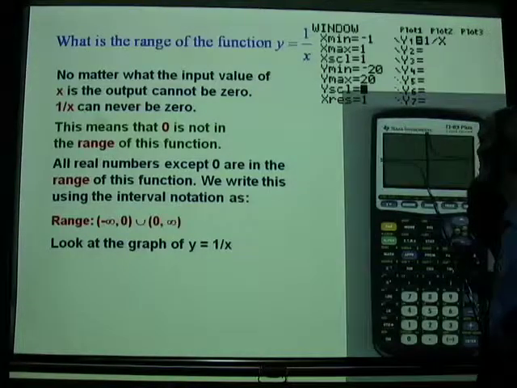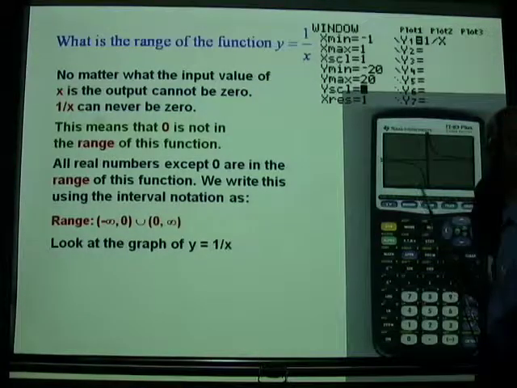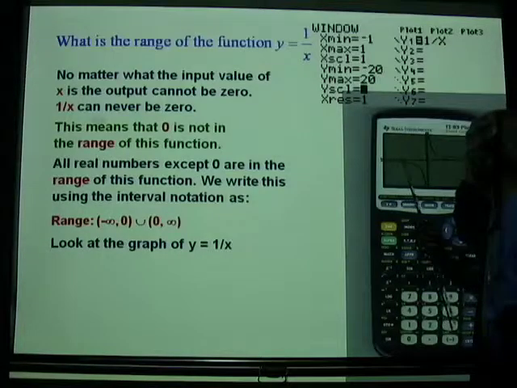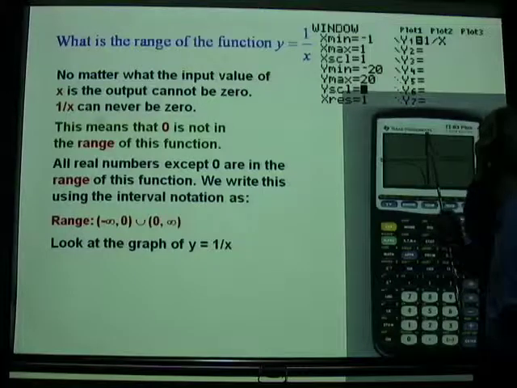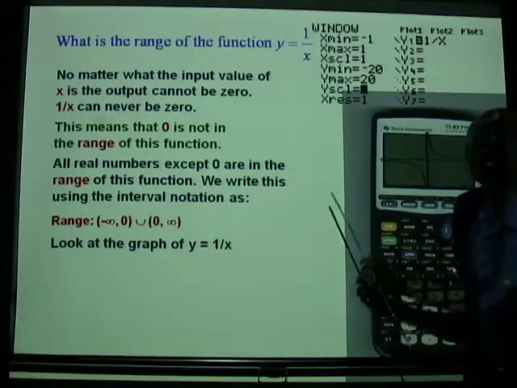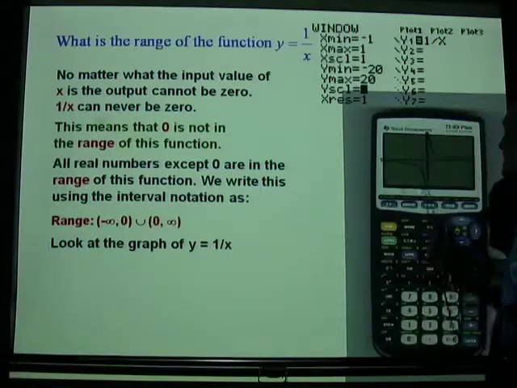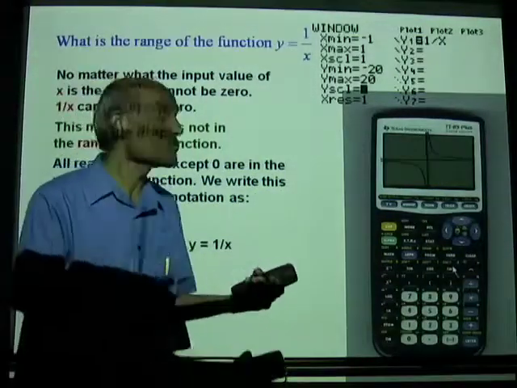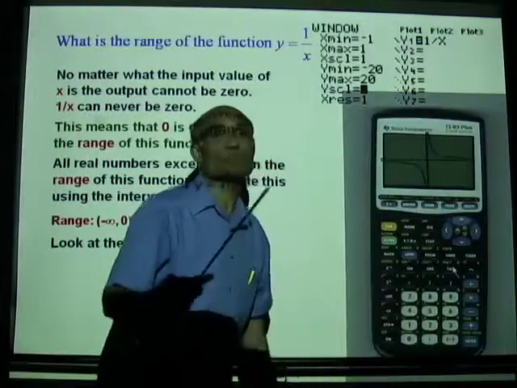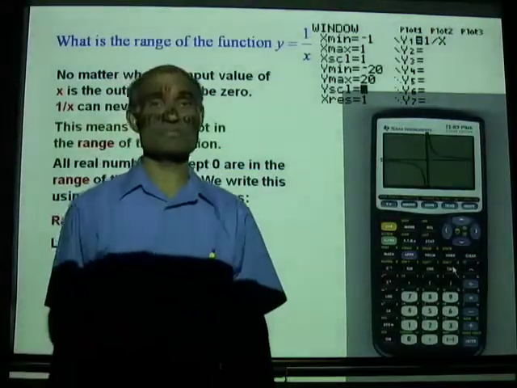So there is no input x equal to 0, and there is no output of y equal to 0. That graph is a clear indication that 0 is excluded from the domain and the range.